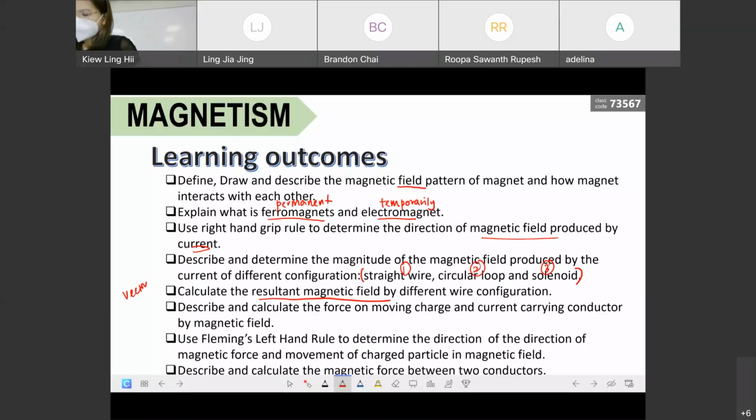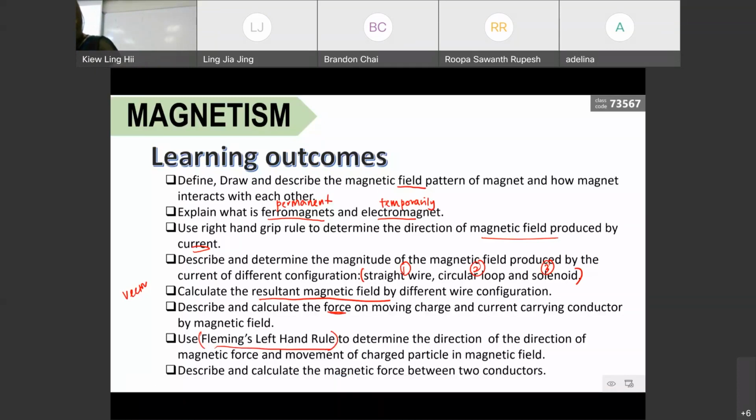Okay. So when we have magnetic field, likewise for electric force, for electrostatics, we will also have magnetic force. So how do we find the magnetic force? By using Fleming's left-hand rule. Okay. So magnetic force, there will also be resultant magnetic force.